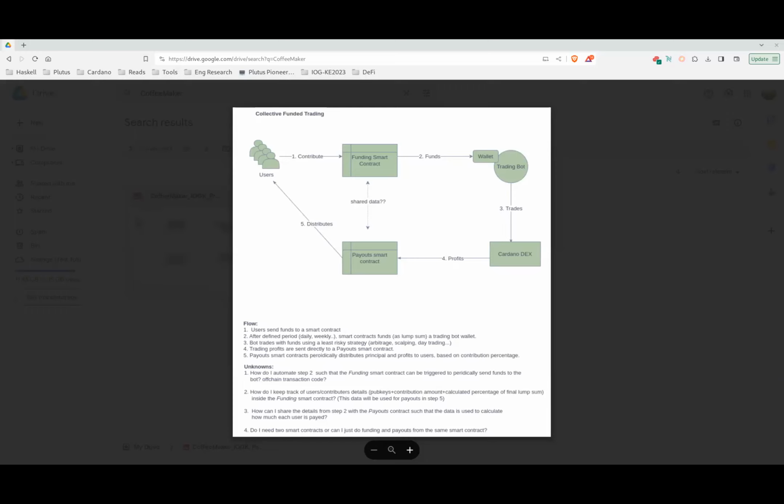So in this case, as long as the investment that people make is publicly visible on the blockchain because they send it to a certain address, then you can see afterwards whether the bot correctly distributes the gains.